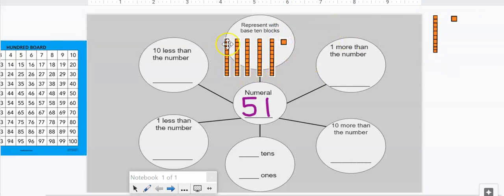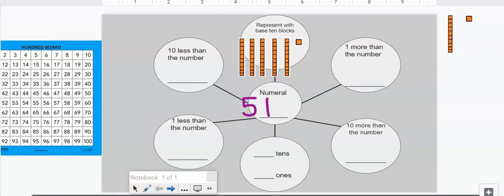So let's be really precise and make sure. 10, 20, 30, 40, 50, 51. Very good.